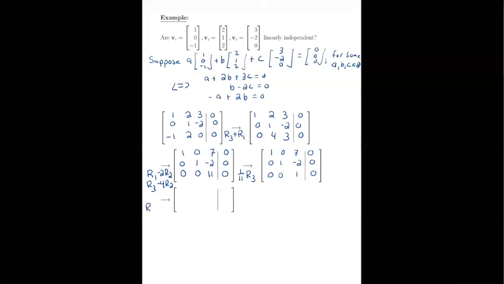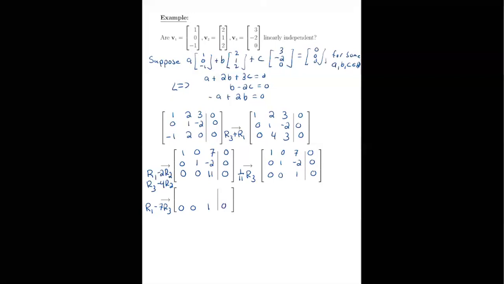So now I'm going to take row 1 minus 7 row 3, and that will produce a 0 here. And if I add 2 row 3 to row 2, that will give me a 0 here. Let's copy down row 3.